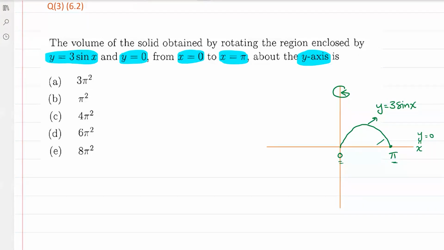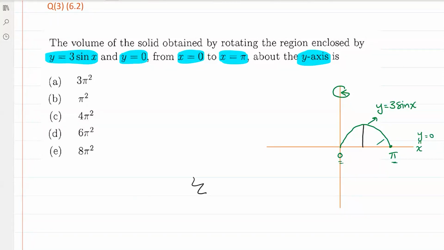So if you want to find the revolution about y, but everything is written in terms of x, you can use the cylindrical shell method. You draw a line across the region parallel to the axis, like this one in black. The distance here will be the radius.